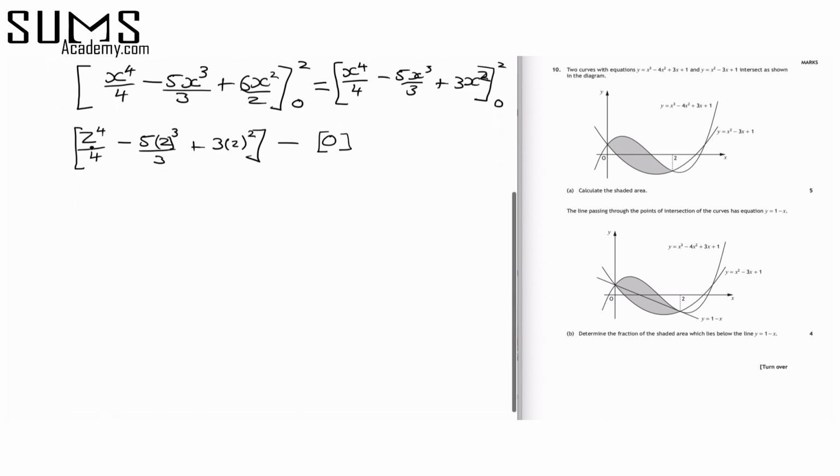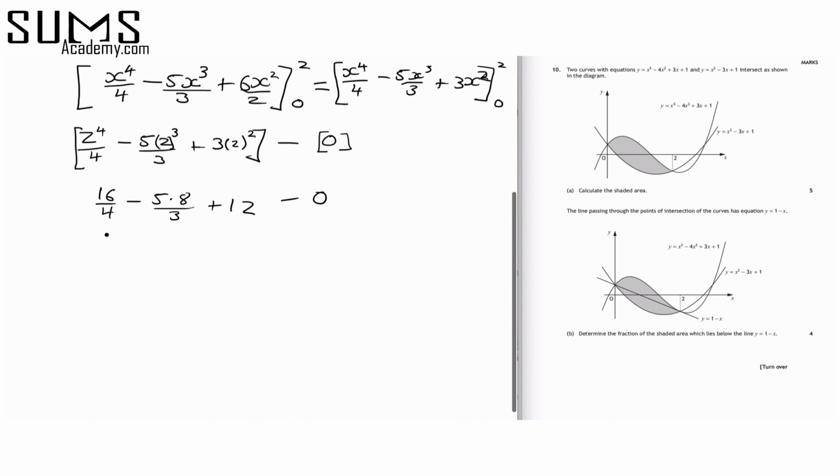So 2 to the power of 4 is the same as 2 squared times 2 squared, which is 4 times 4, which is 16 over 4, minus 2 to the power of 3 is 8. So 5 times 8 over 3 plus 3 times 2 squared is 4, is 12, minus 0.